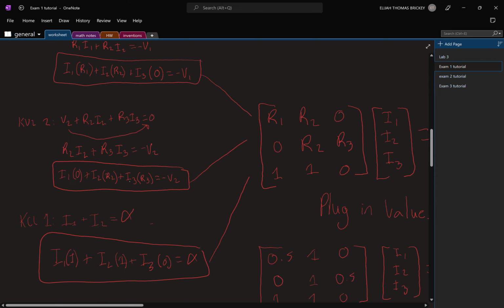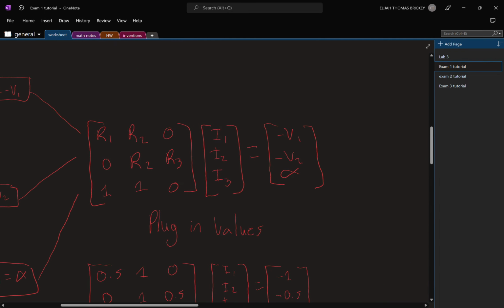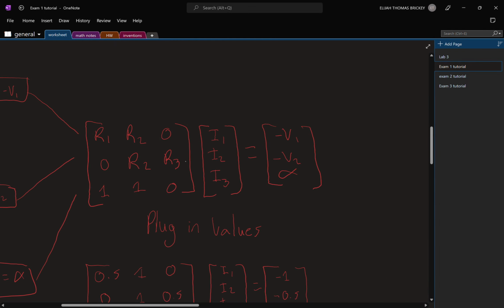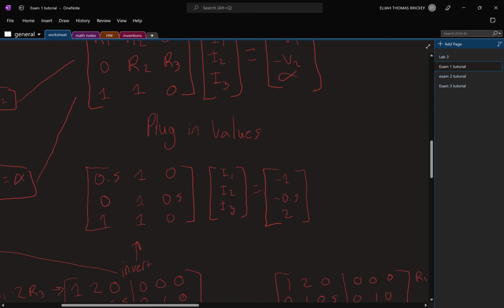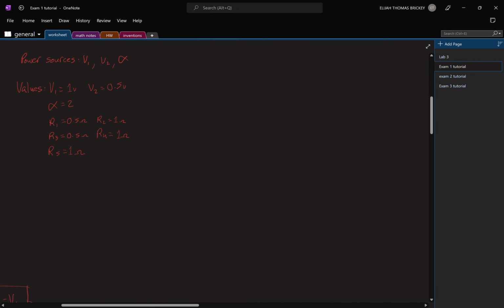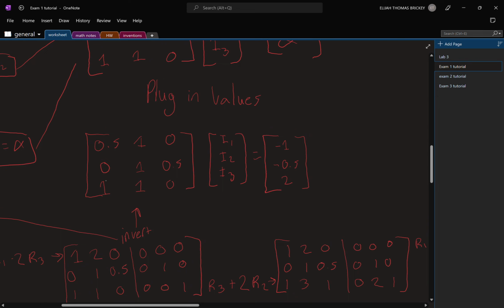So everything's I1, I2, I3, and I plugged them into my matrix. So it's matrix times unknowns equals power sources. Once I plug in the values from up here, it looks like this: 0.5, 1, 0, 1, 0, 1, 0.5, 1, 1, 0, I1, I2, I3, negative 1, negative 0.5, 2.